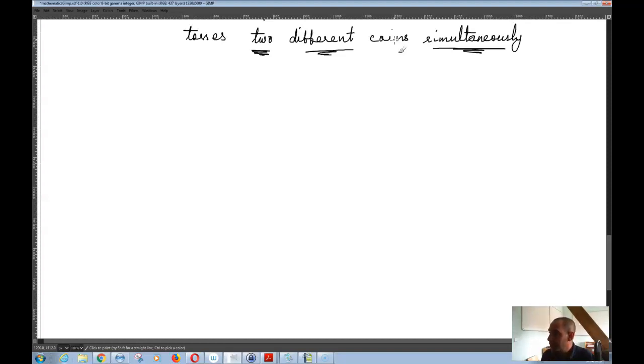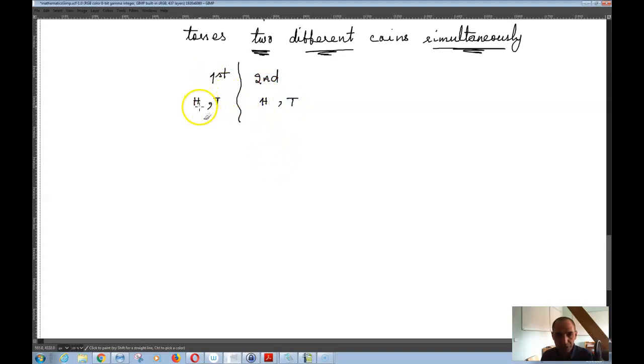If I call them coin number 1 and coin number 2, the first coin could have 2 different outcomes, either heads or tails. The second coin has the same two different outcomes, heads and tails.